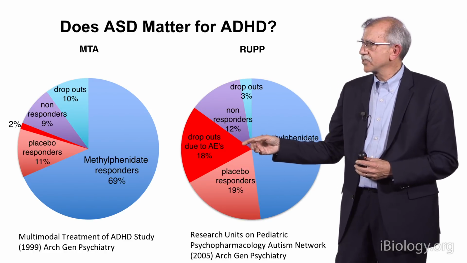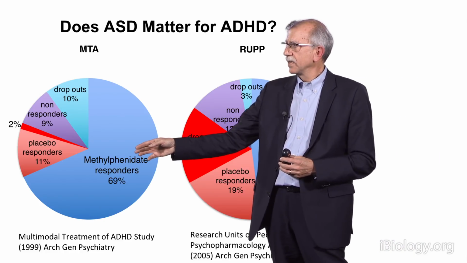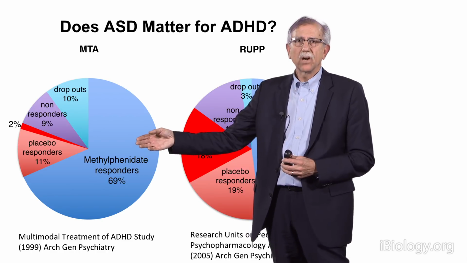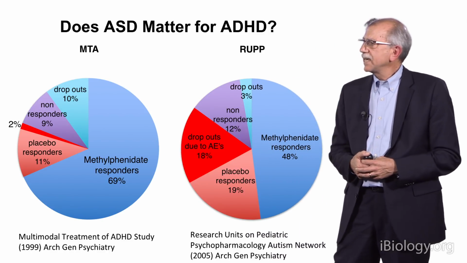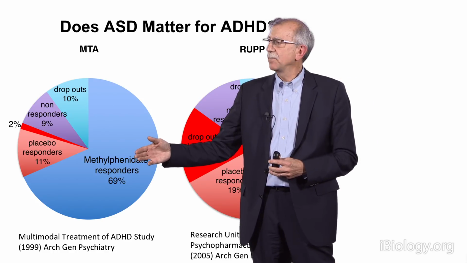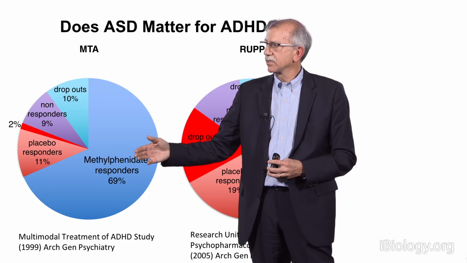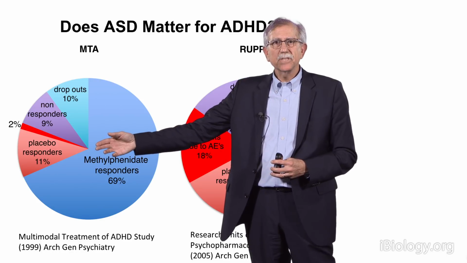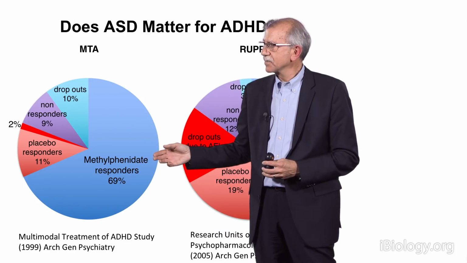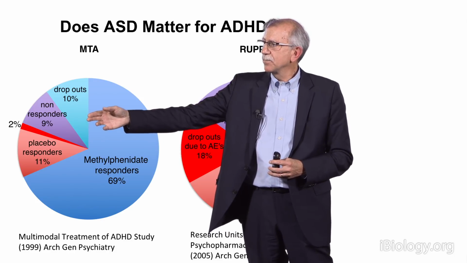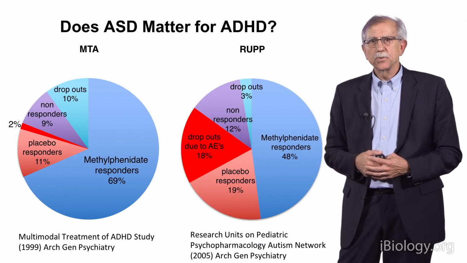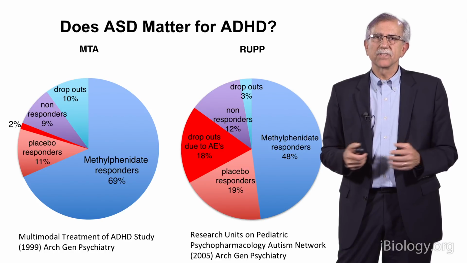Now you can compare this to a trial of ADHD alone, the multimodal treatment of ADHD study, which was the largest of its kind. In this study, the response was much better. 70% of the kids with ADHD responded to methylphenidate. The placebo response was half of what it was in the autism study. And I couldn't even put the words of the text in that tiny little slice that has 2% there, which were the dropouts due to adverse events.